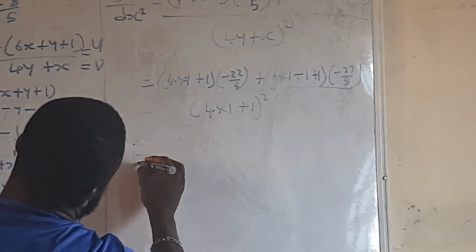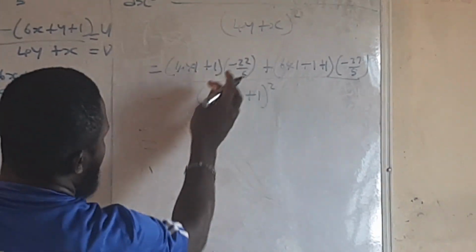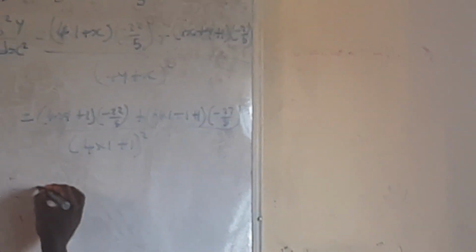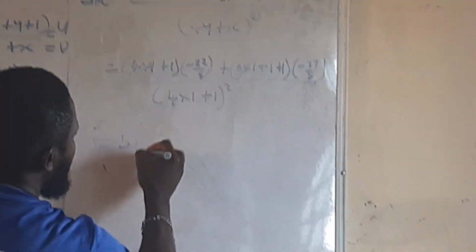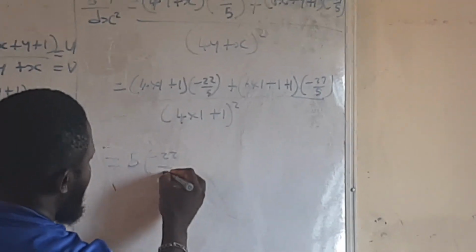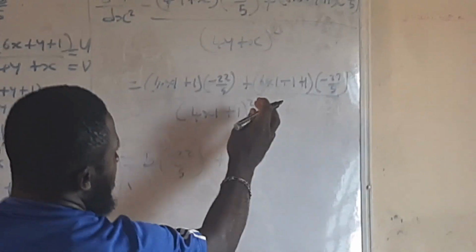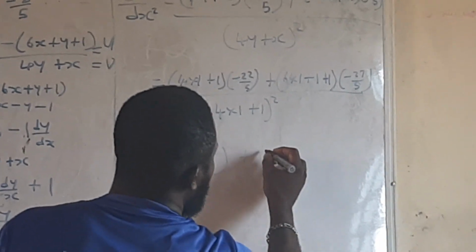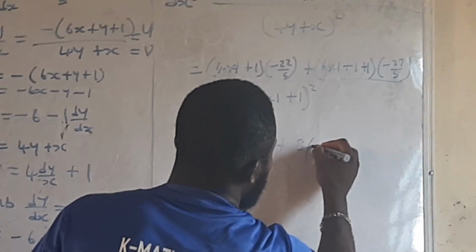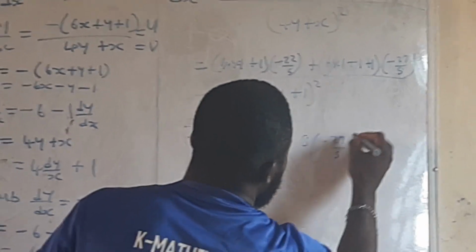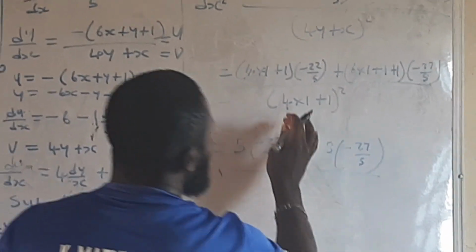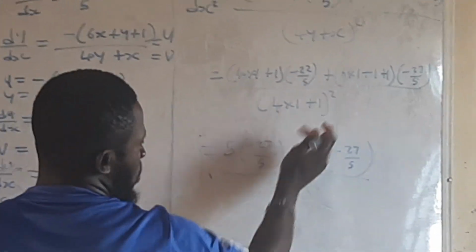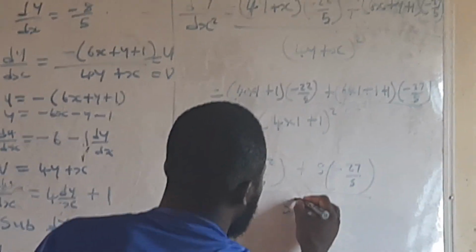So by the time you solve that, 4 times 1 is 4 plus 1, that's 5. 5 into bracket minus 22 over 5 plus 6 times 1 is 6 plus 1, 7, 8, plus 8 into bracket minus 27 over 5, all over 4 times 1 is 4 plus 1, that's 5, all over 5 squared.